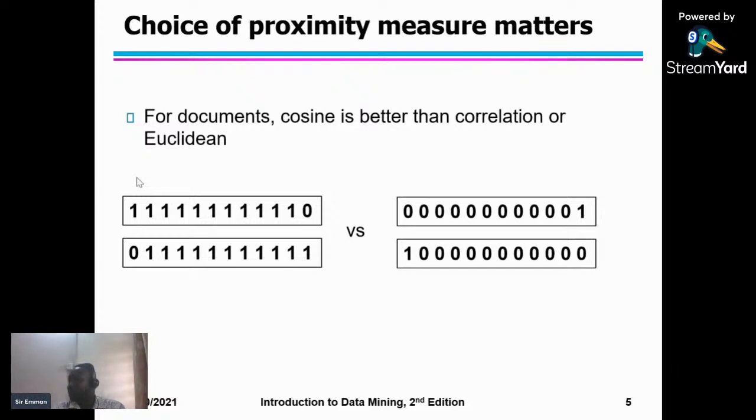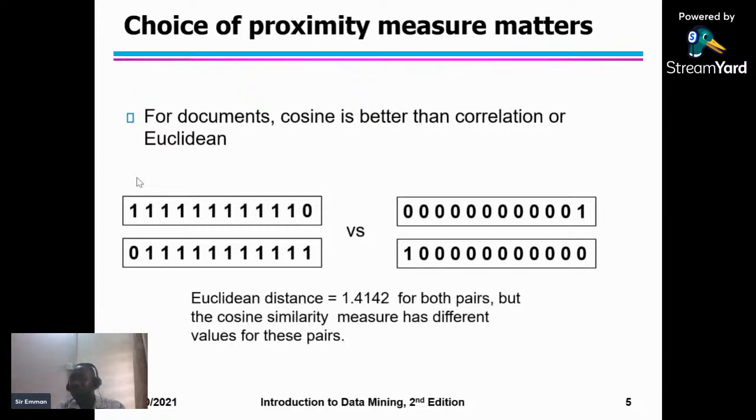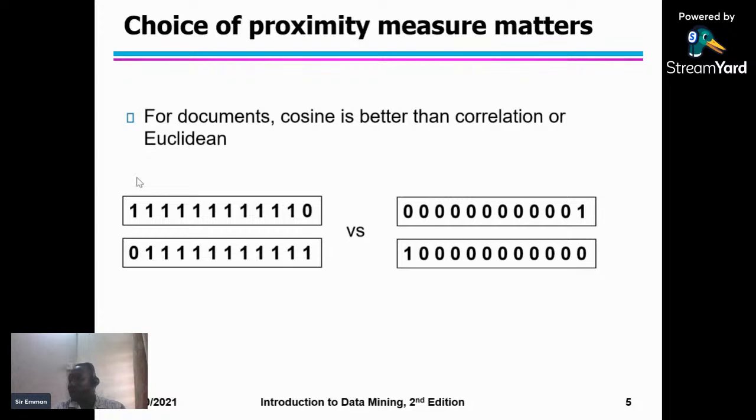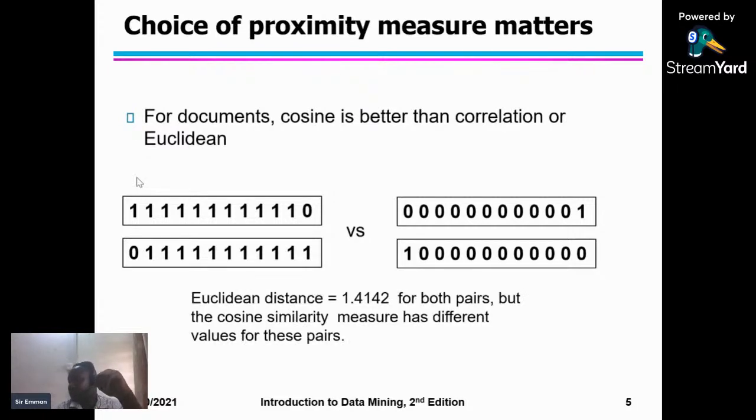When we compare these binary vectors, 111110 versus the other ones, which one is closer to the other? The Euclidean distance is 1.414 for both pairs, but the cosine similarity measure has different values for these pairs. So that's why we are saying that instead of using the Euclidean method, the cosine value usually works better than the Euclidean distance.